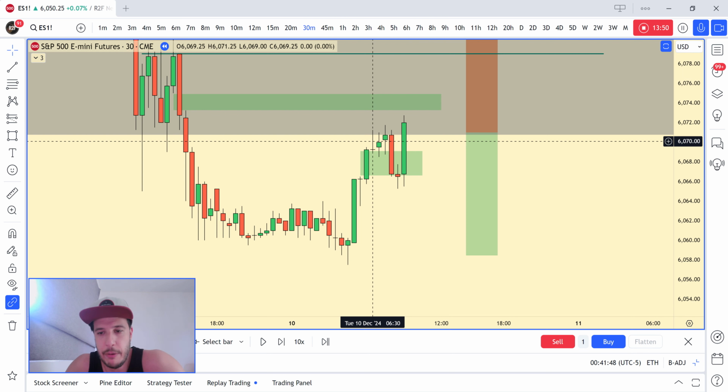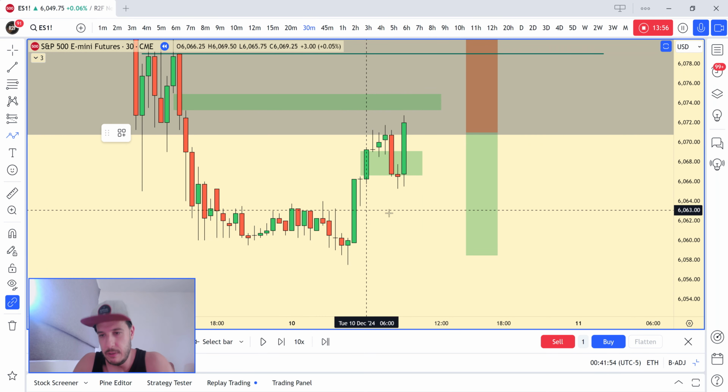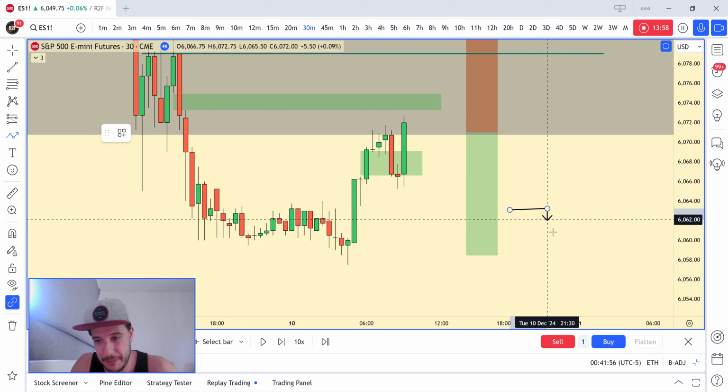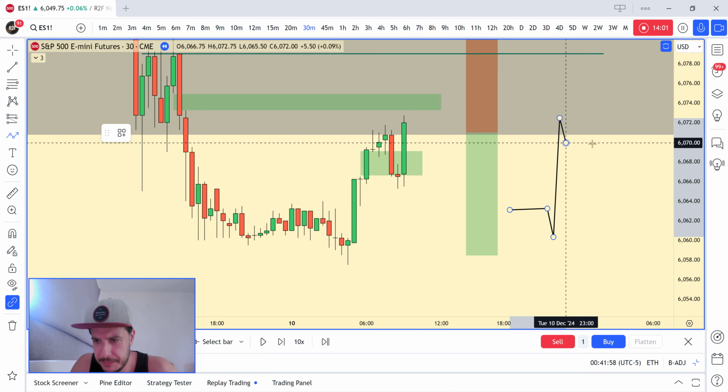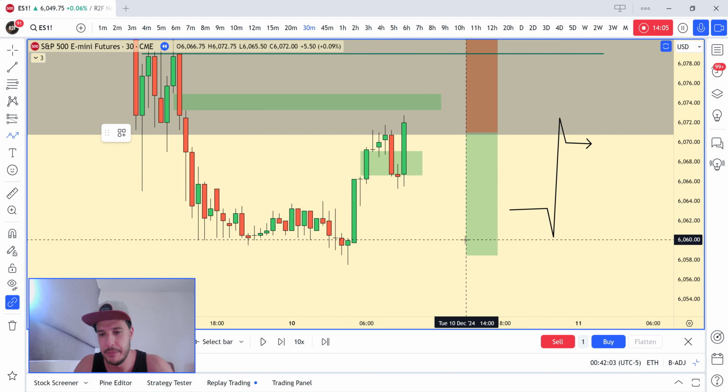The power of 3, accumulation, manipulation, distribution. Looks like that, right? Power three candle, but there's always a fractal manipulation in there.